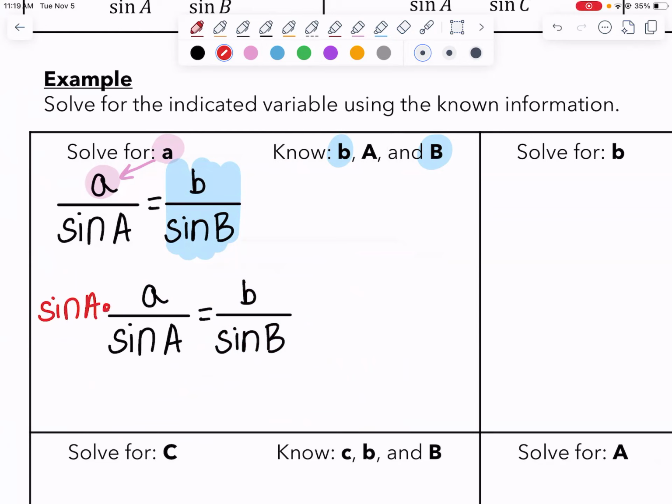And you want to get real good at this math. Like this math should start to become instantaneous to you. I'll multiply it up here. Those sines will cancel. You're left with a is equal to b sine of angle A divided by sine of angle B. Boom.